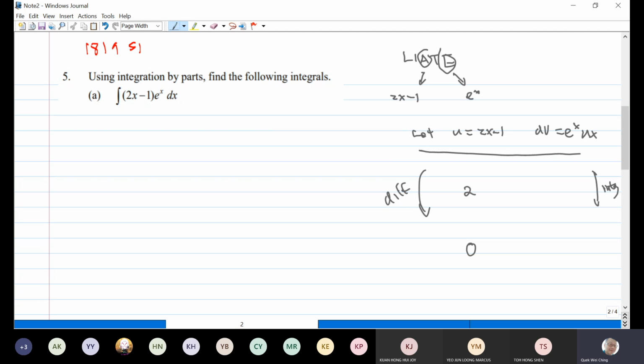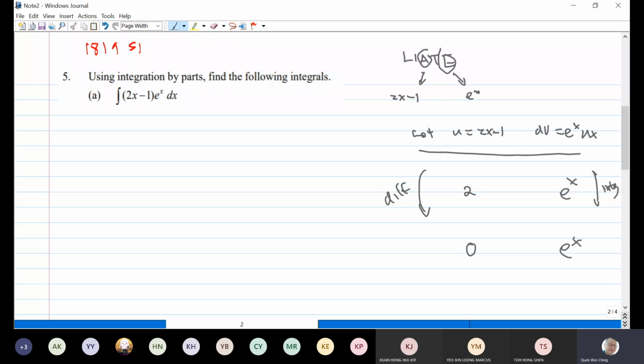How about integrating e to the x? e to the x is a very stubborn function. You integrate e to the x, you get back e to the x again. Then one more time, integrate e to the x, you get e to the x again.